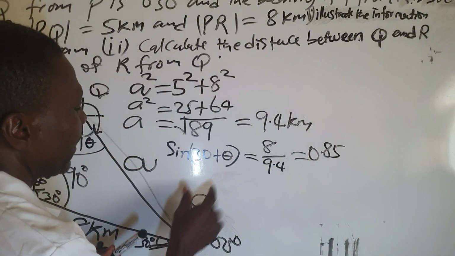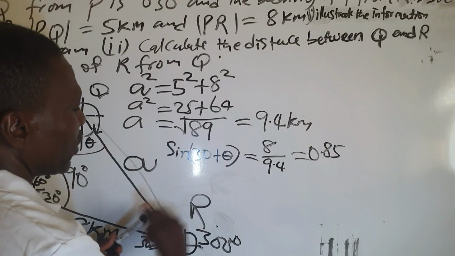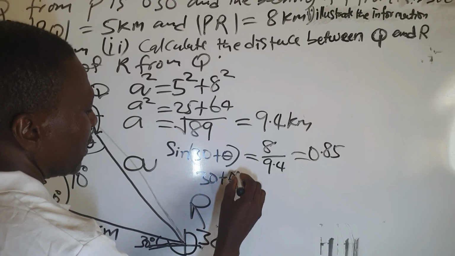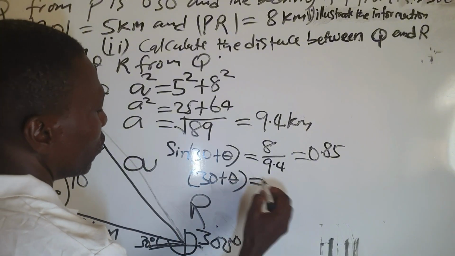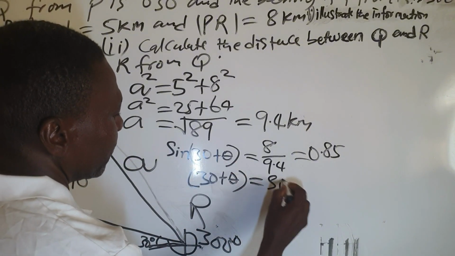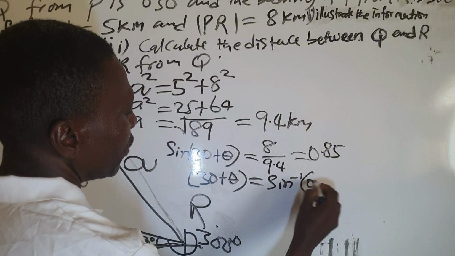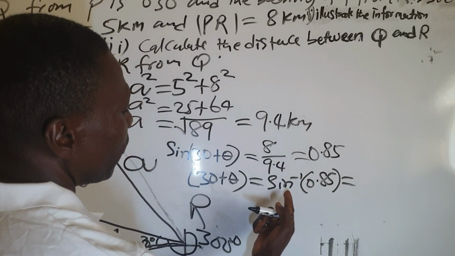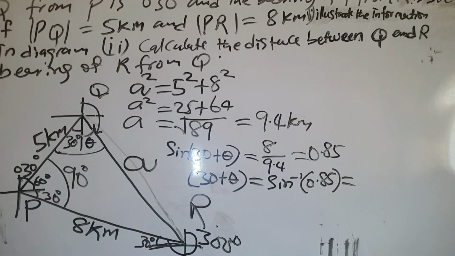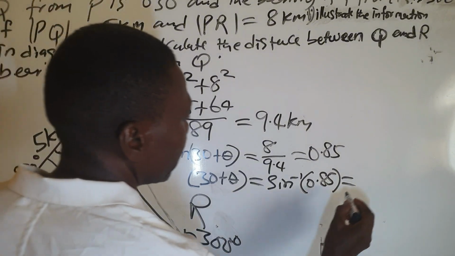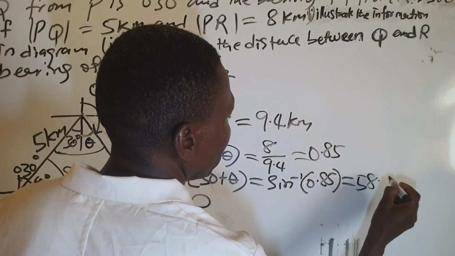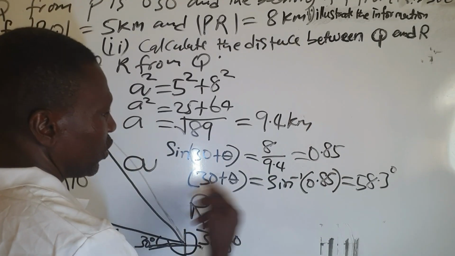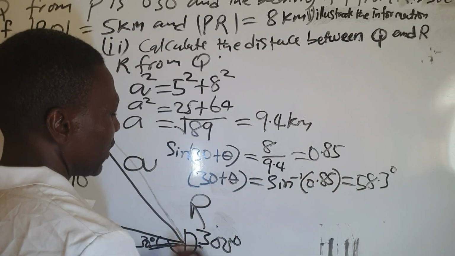Now let us make 30 plus theta the subject of the formula. We have 30 plus theta equals sine inverse of 0.85. And when we use our calculator to find the sine inverse, it gives us 58.3 degrees. Okay, let us use this equation now to find our theta.